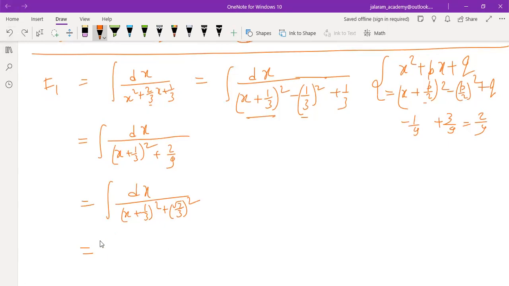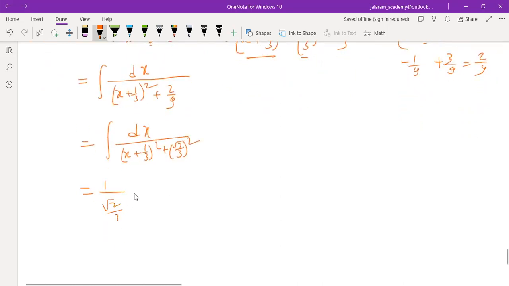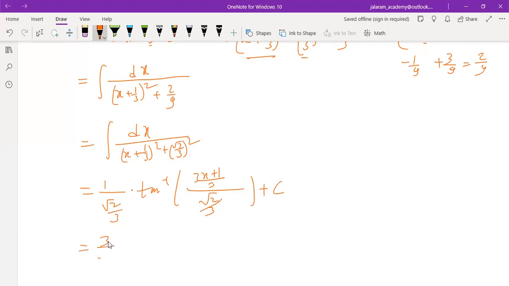We can solve it as 1 by a tan inverse x by a plus c. So 3 by root 2 tan inverse, 3 cancelled out, 3x plus 1 upon root 2 plus c, which is the value of I1.